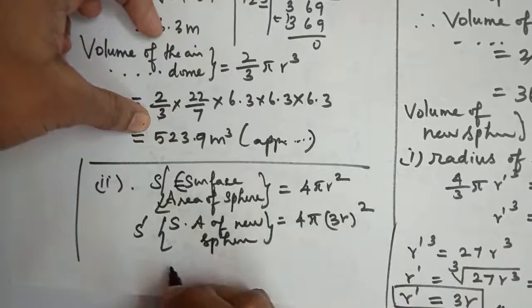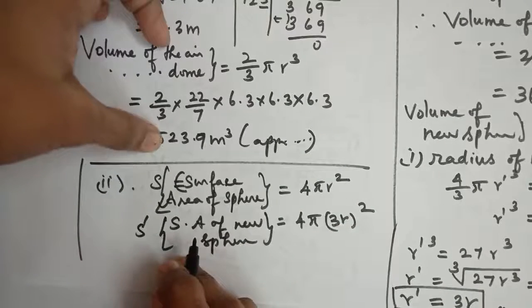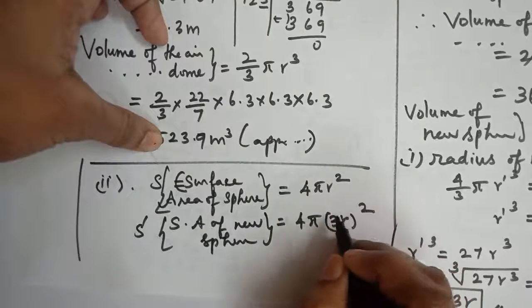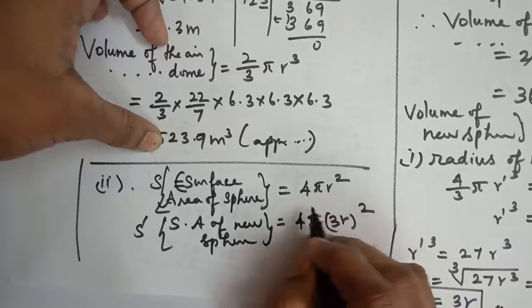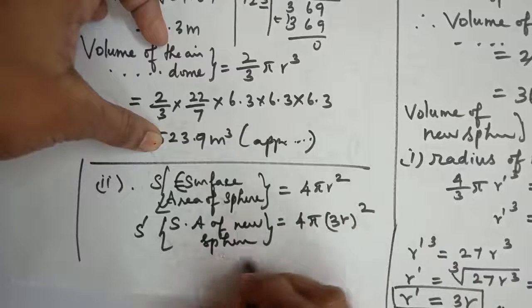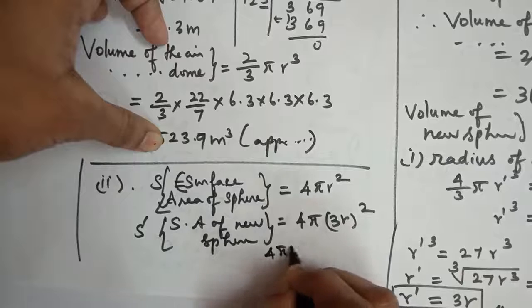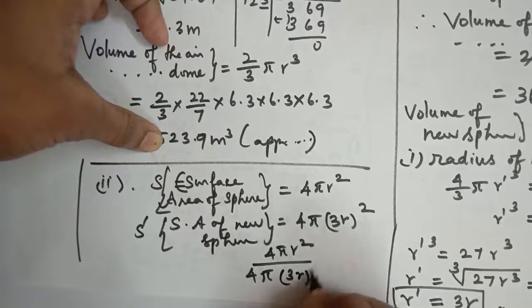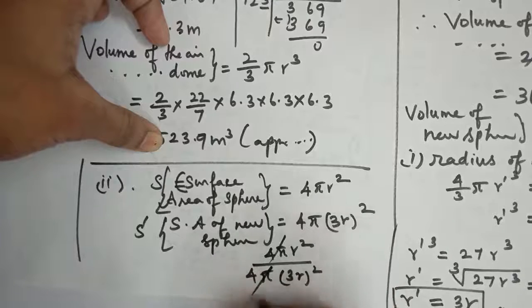Okay, now the ratio of S and S dash. We should write this in fraction form. So that is 4 pi r square divided by 4 pi into 3r the whole square. Just cancel it.